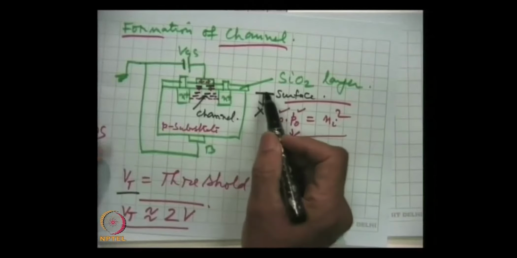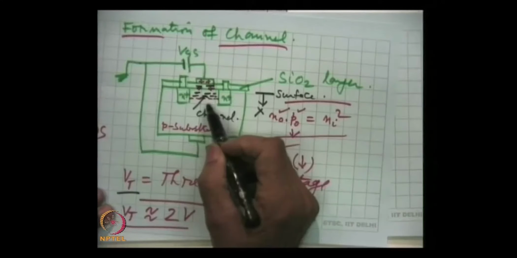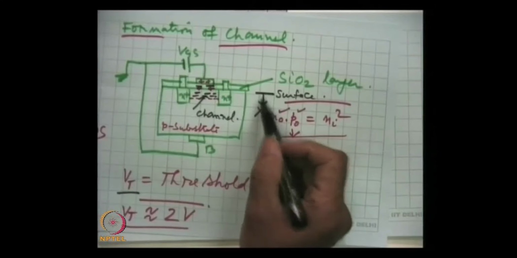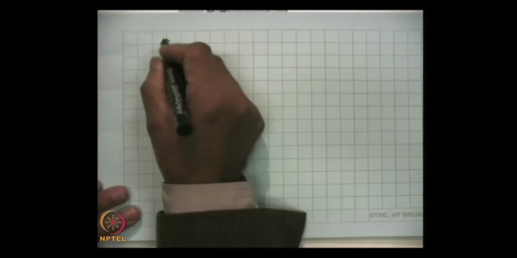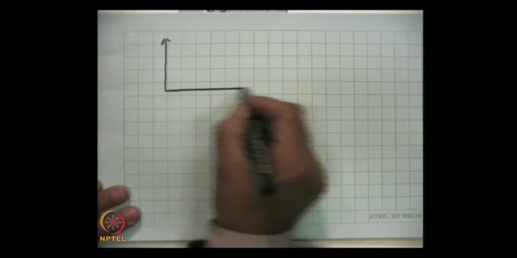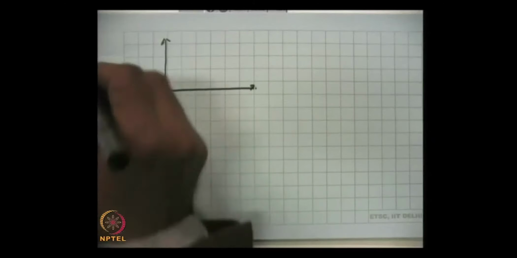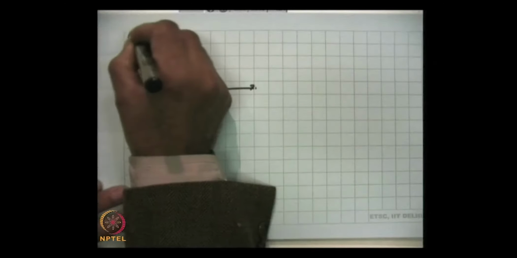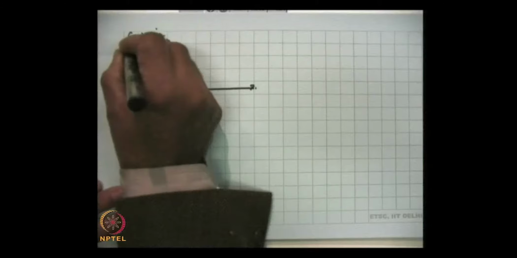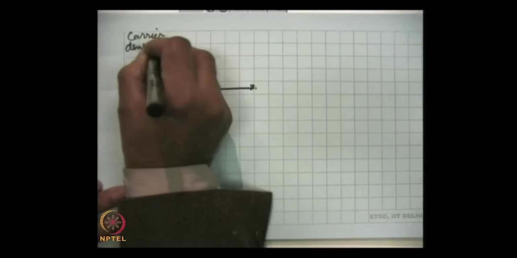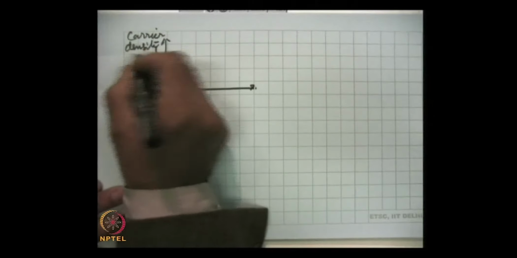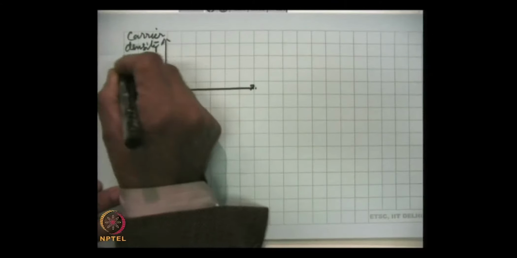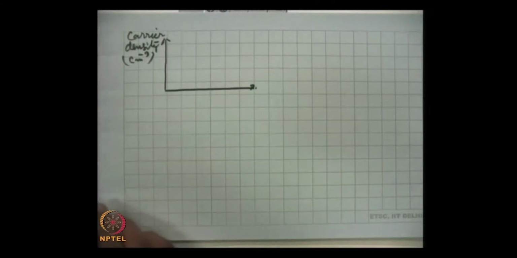So, how the density in this region will vary as a function of x, that we plot here. This is carrier density, that means the number of charge carriers per unit volume, per cc.